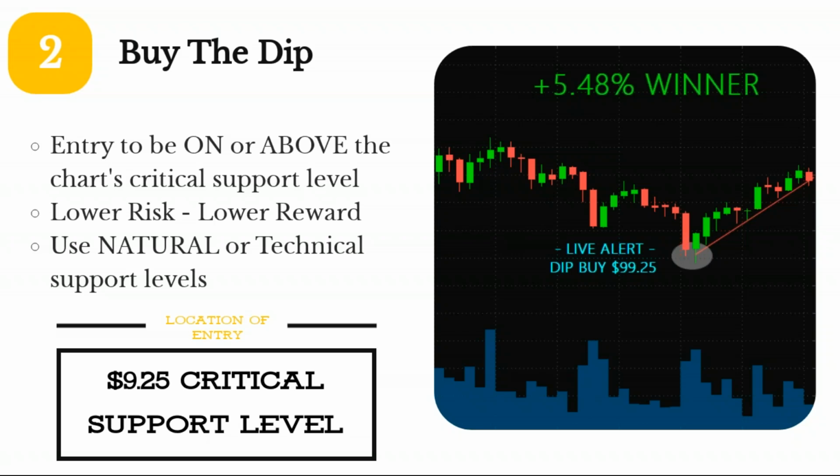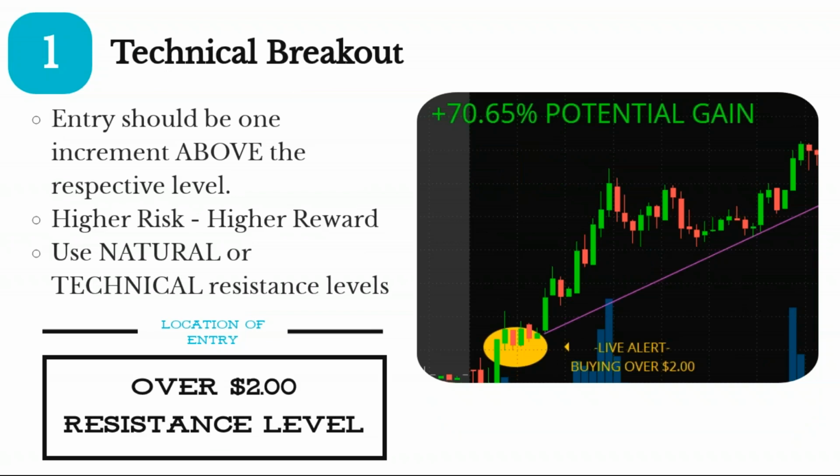So the way that you play this, there's a few different options, and it really has a lot to do with how patient you are, how much risk you're willing to take on, and how big your position size is. Now, for example, on this chart here, let's use this because this is the technical breakout chart.